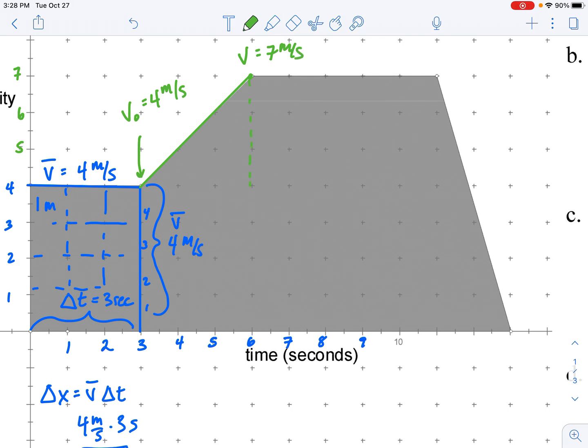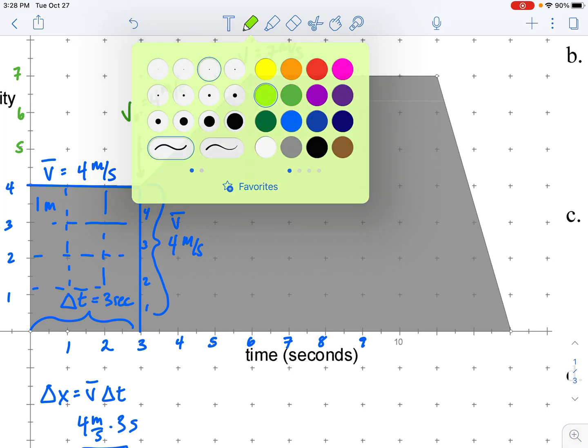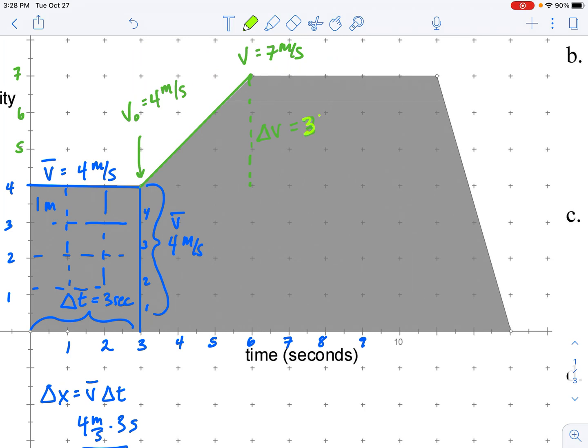That means we have a rise or a change in velocity. Well, that's kind of hard to see, isn't it? A change in velocity of 3 meters per second. And that happens over a period of time of 3 seconds.